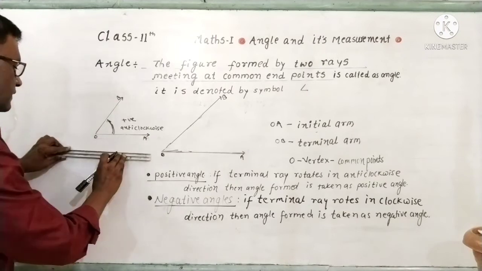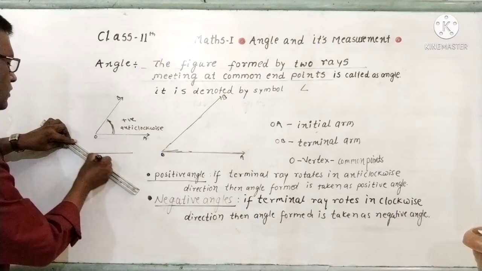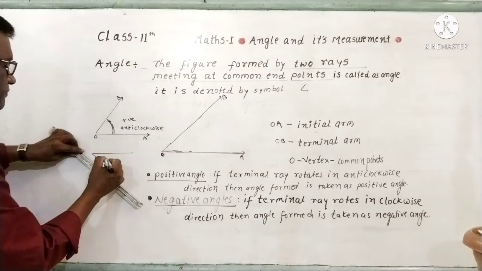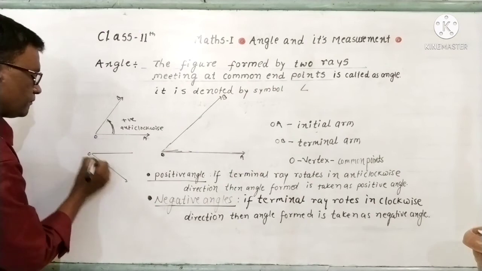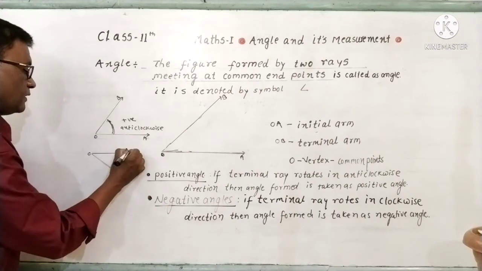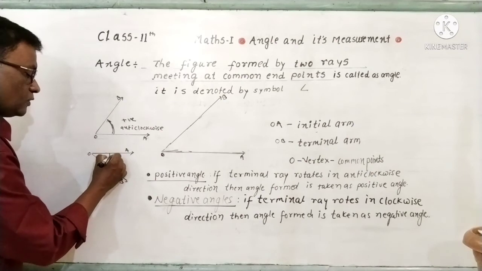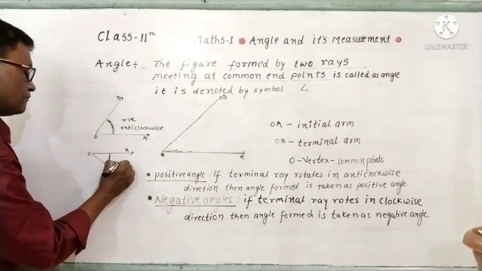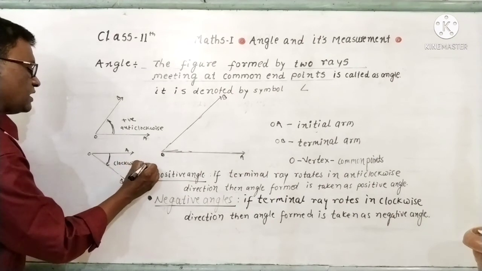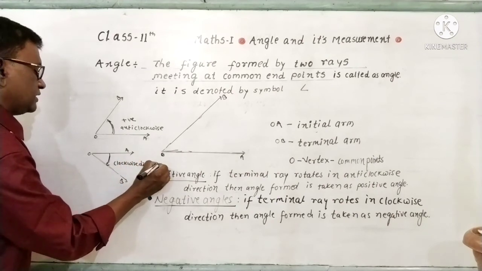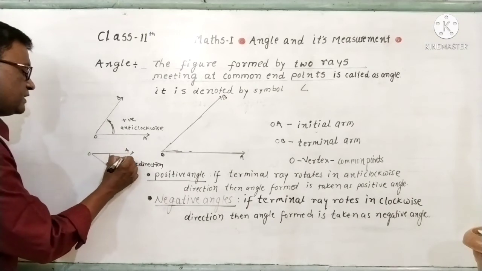And if this terminal arm rotates in a clockwise sense in this way, this is called the clockwise direction. If this arm rotates in the clockwise direction, then the angle formed is taken as negative.